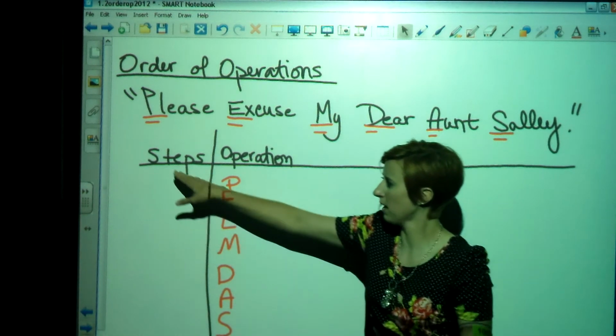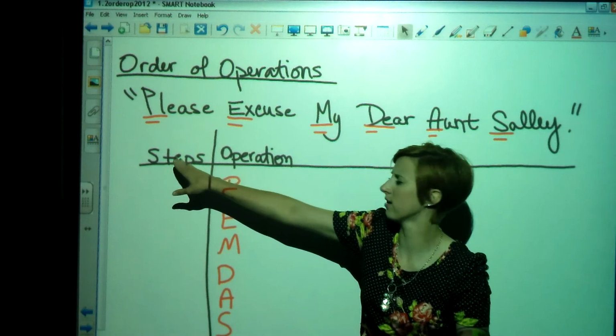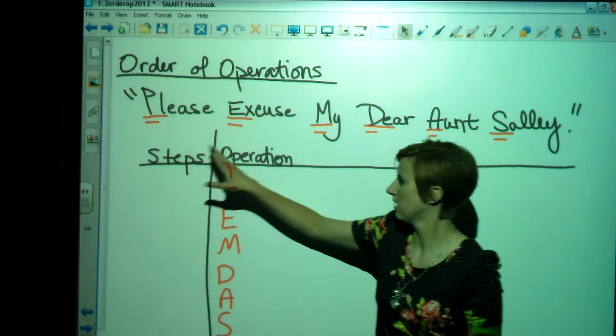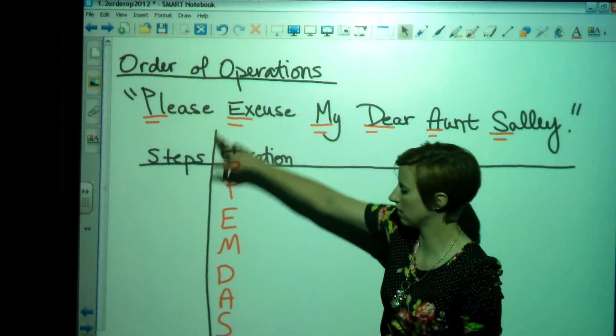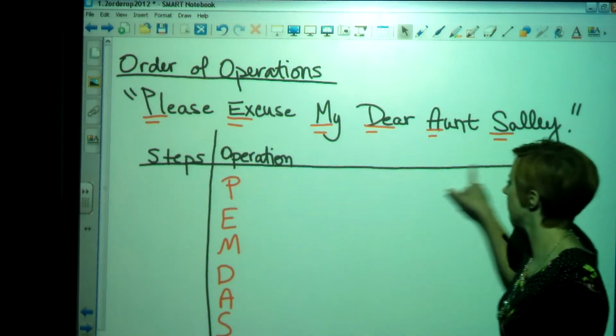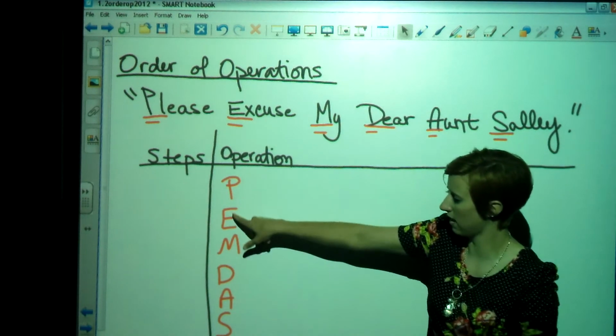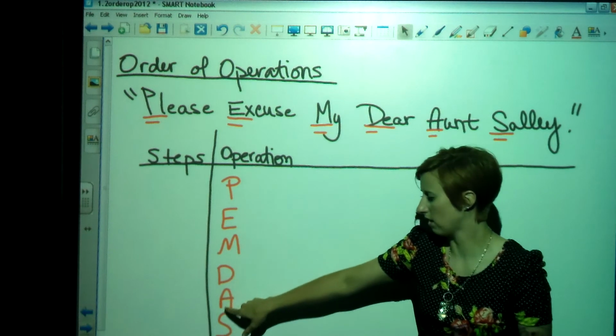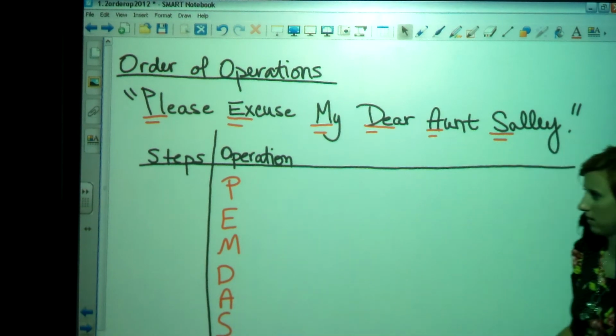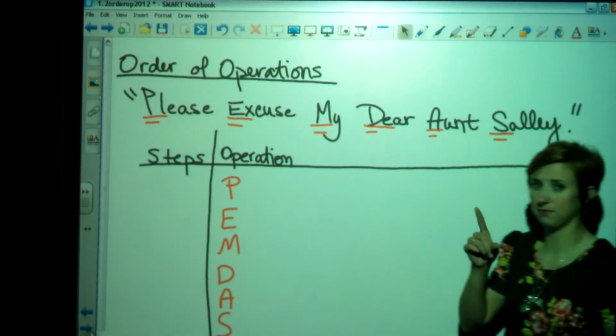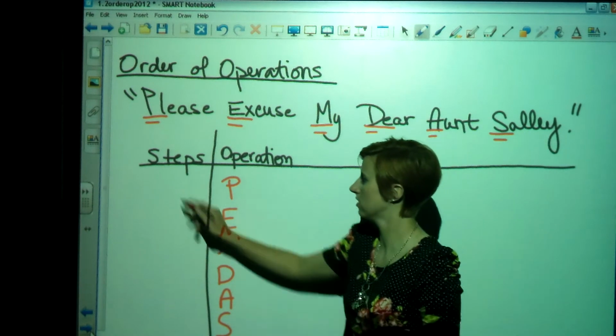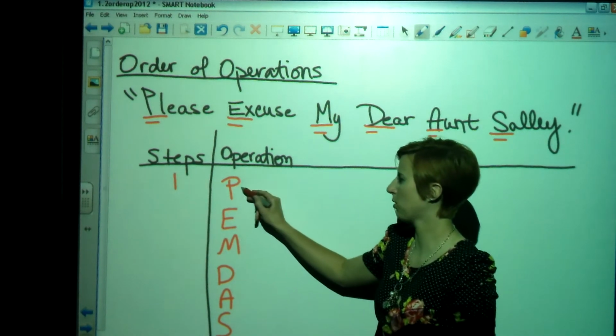And if you see, I wrote it out as a chart, so go ahead and make this chart where we have steps and the operation and just a little T-table for it. And then as you see, I wrote my PEMDAS down vertically on the lines. So our first step in our order of operations starts with a P and it's parentheses.